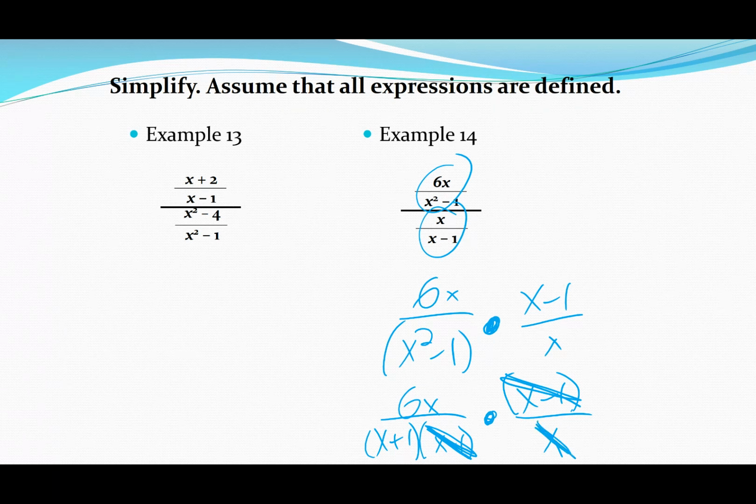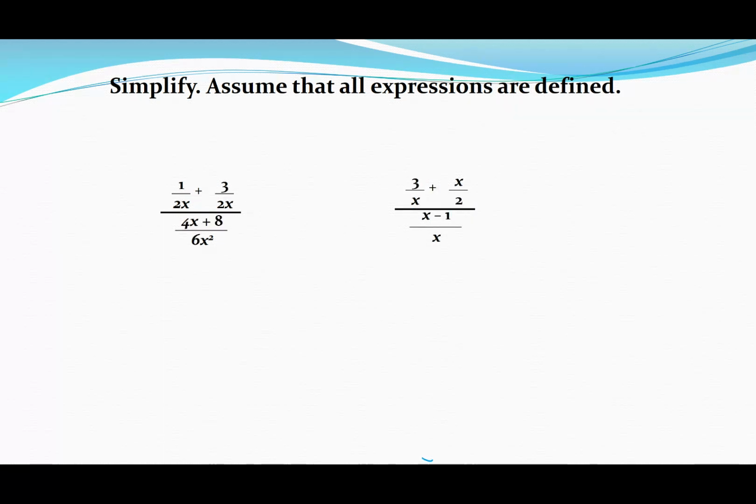This x cancels with this x. It's not really attached to that 6 because it's not plus 6. If it was plus 6, it would matter. But it's 6 times that, so they're both free and independent. So those x's cancel because 1x over 1x goes away. And so we just have 6 over x plus 1 as a result.